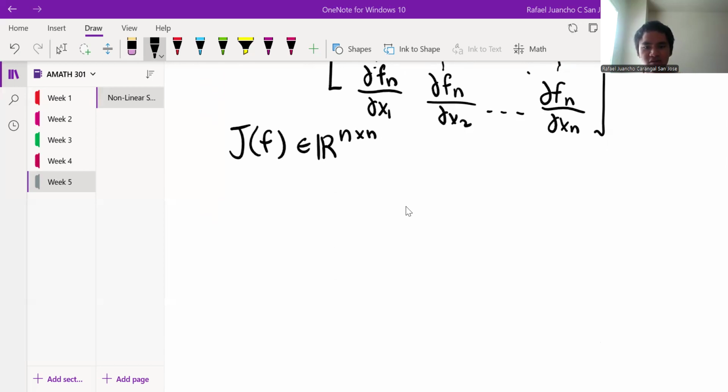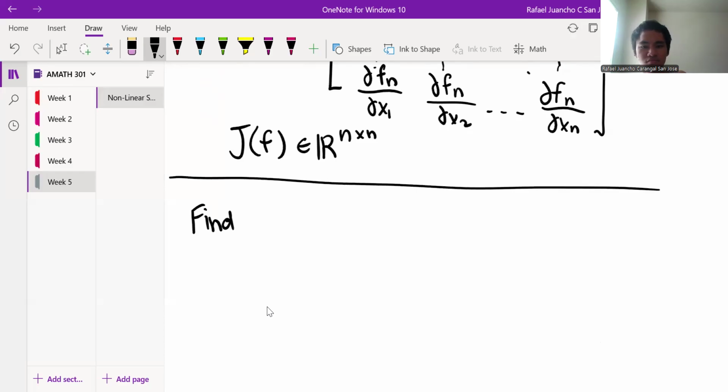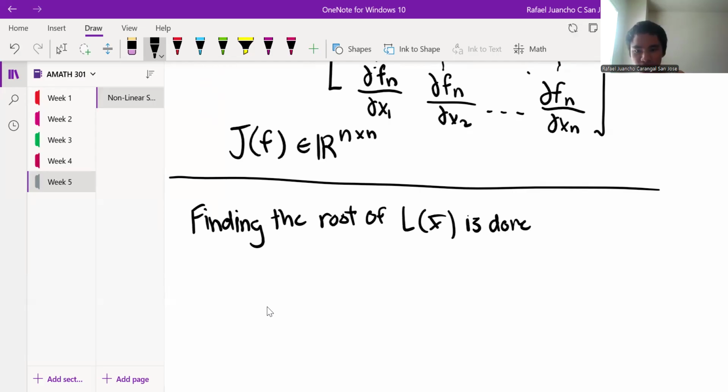And so actually finding the root of this linearization L of x is done. So we can do this through, we set it to 0, because that's how we find the root of something.